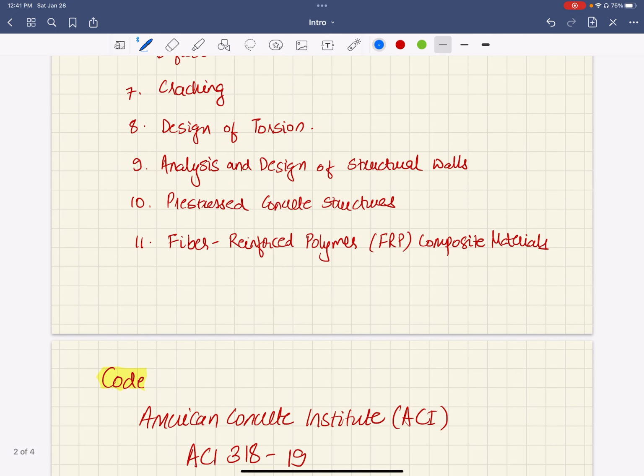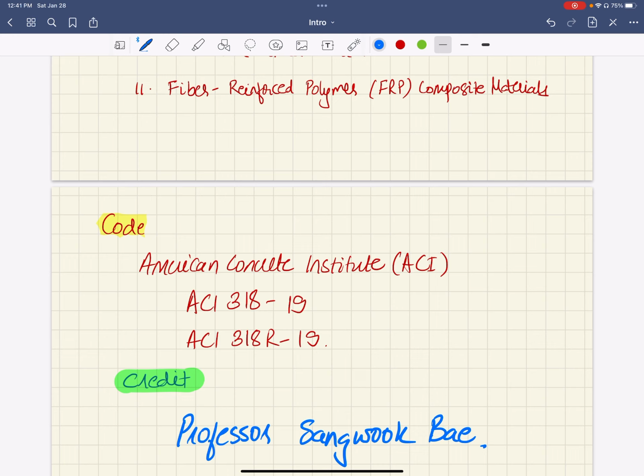The most important thing is that, since I'm studying here in the US, I would like to use the code from the American Concrete Institute, ACI, and there are two versions of it. One is ACI 318-19, and the second is ACI 318 revised -19. These are the two codes we'll be referring to back and forth.